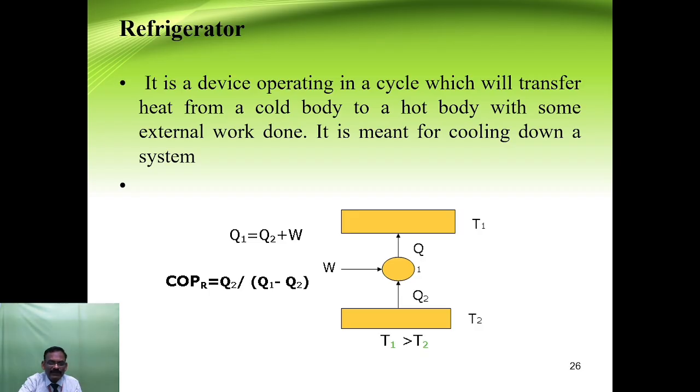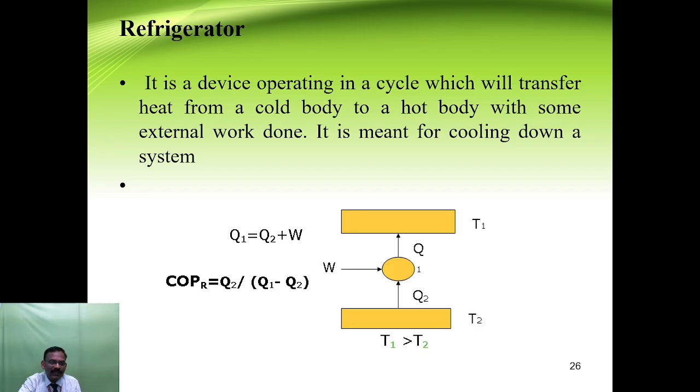Here the source temperature is T1, the sink temperature is T2. The formula for COP is equal to Q2 by Q1 minus Q2. What is COP? COP is nothing but the coefficient of performance. It is related to efficiency. In the refrigerator and the heat pump we say COP, not generally efficiency.